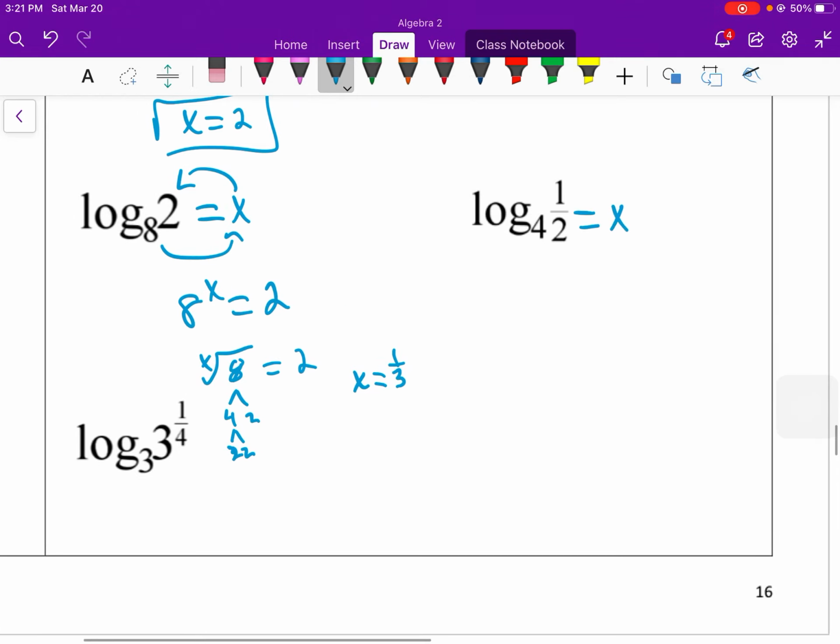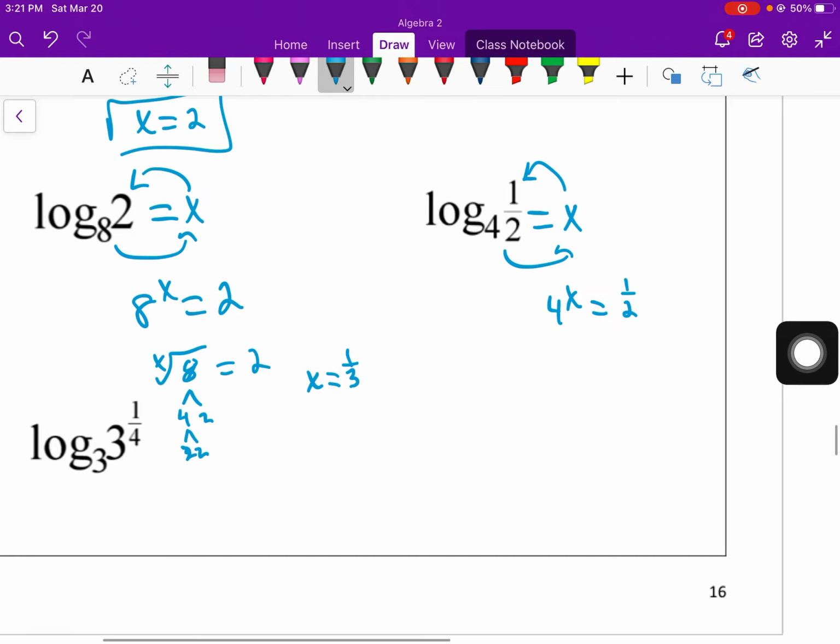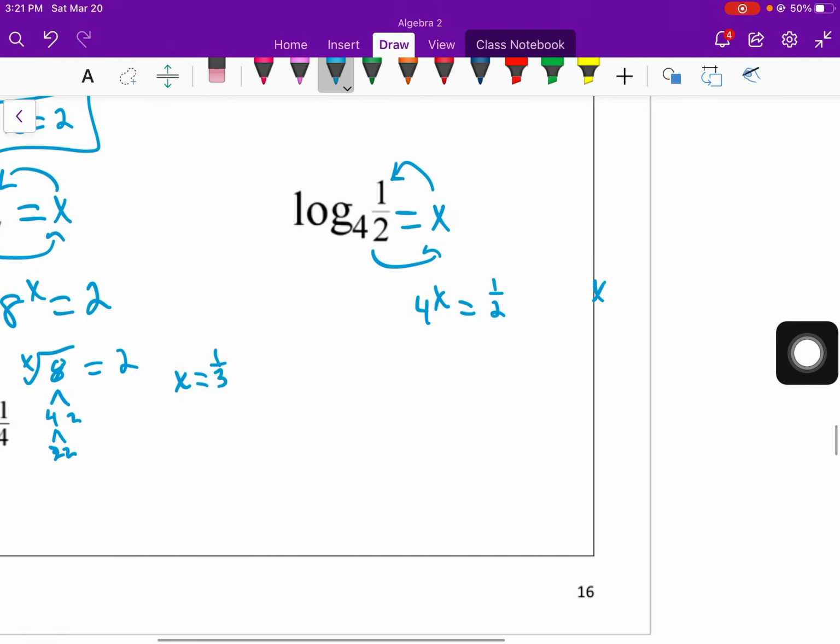This one here, I guess I will go over a couple. This is 4 to the x equals half. So we see that it's a whole number now, it's in a fraction, so x has to be a negative exponent. X equals negative something.